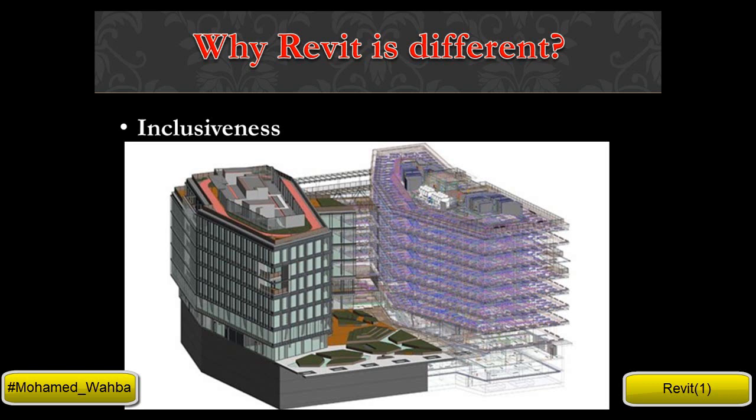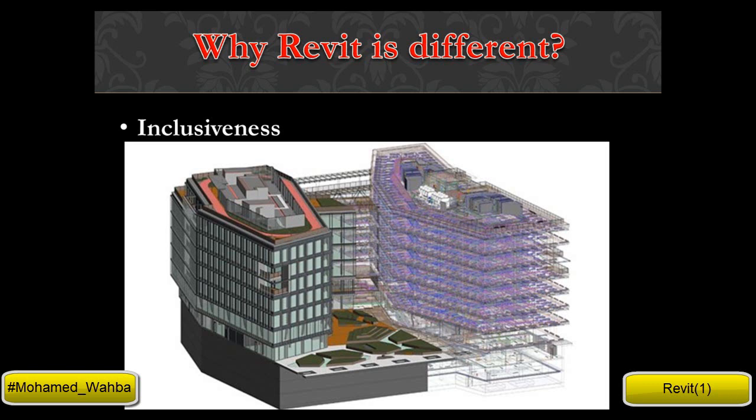Because firstly, it is inclusive software. Many specialists can use Revit. For example, civil engineers, architects, electrical engineers, or mechanical engineers can use Revit and combine their work in one model.